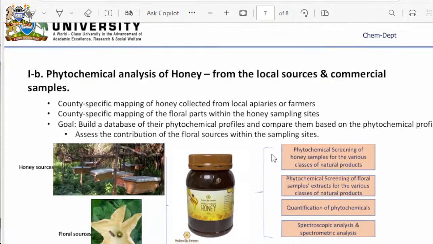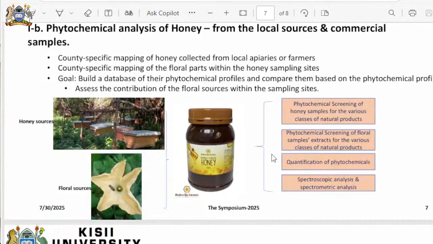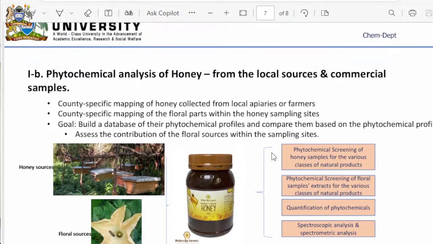Now, the second project that we are doing is to try to do county-specific mapping of honey. We are simply doing phytochemical screening so that we build their phytochemical profile, so that eventually we can have a database that we can use for information purposes.